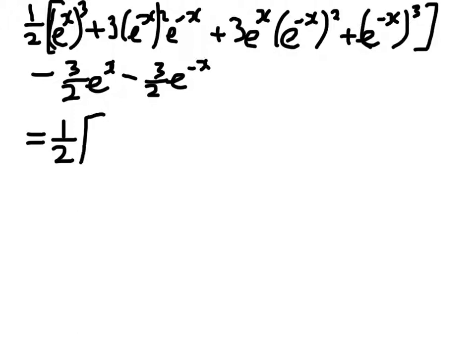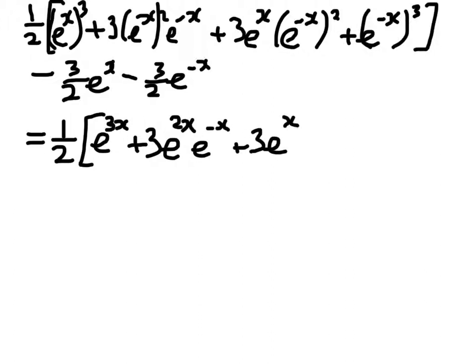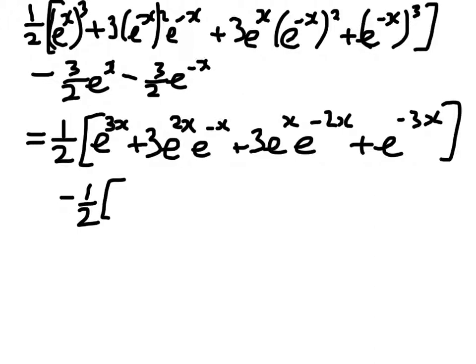So we're going to get 1/2 times e to the 3x plus 3 e to the 2x e to the negative x plus 3 e to the x e to the negative 2x plus e to the negative 3x, remembering my rules for powers. Okay, so nothing hard there at all. Minus 1/2 3 e to the x plus 3 e to the negative x.